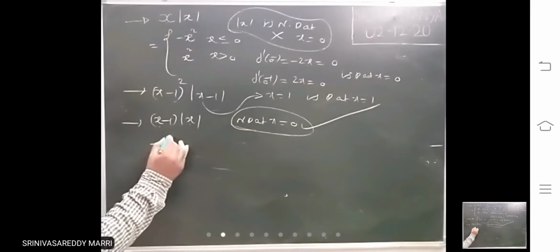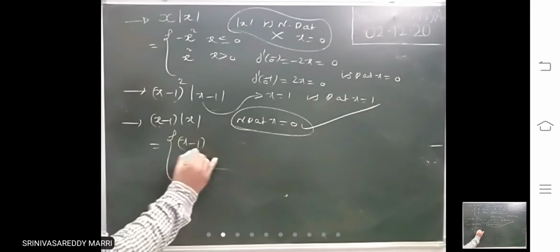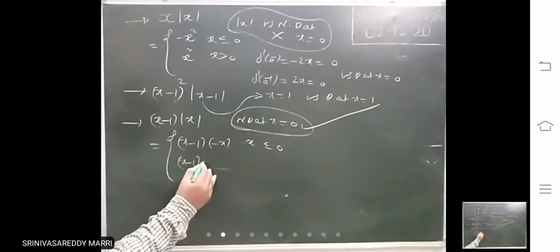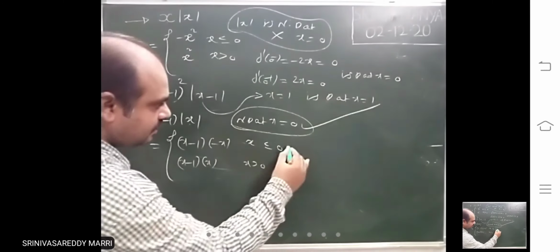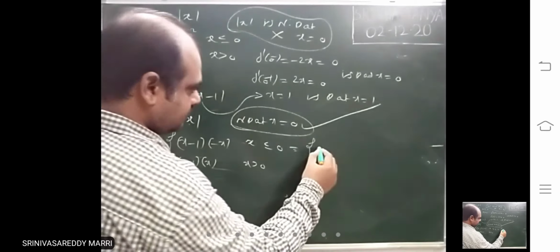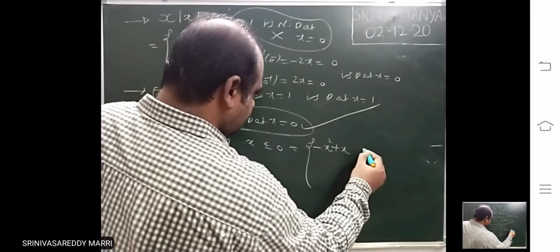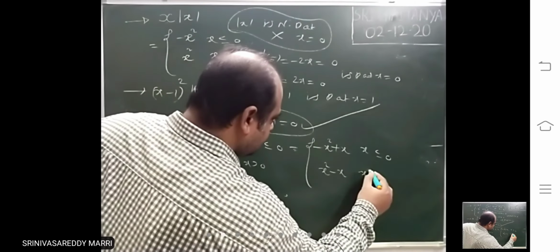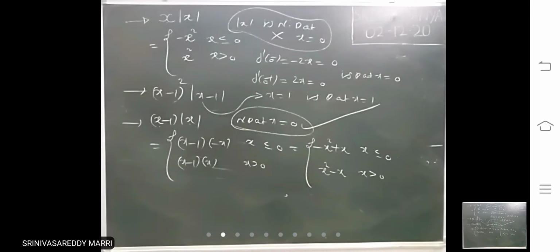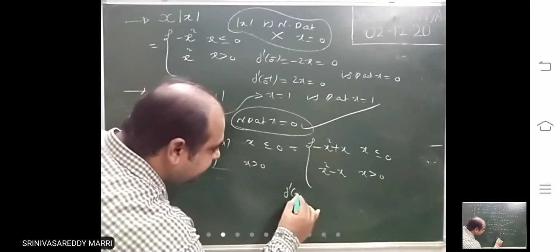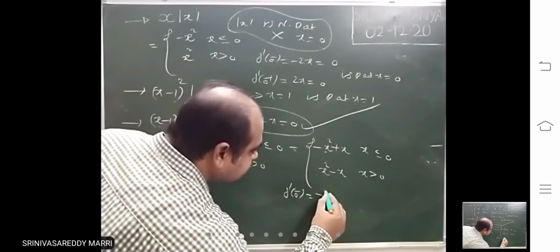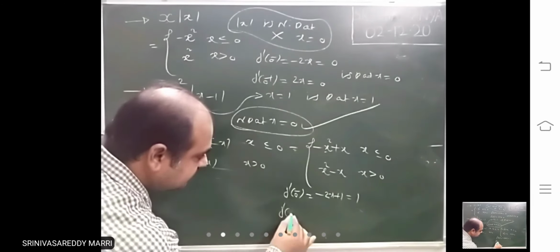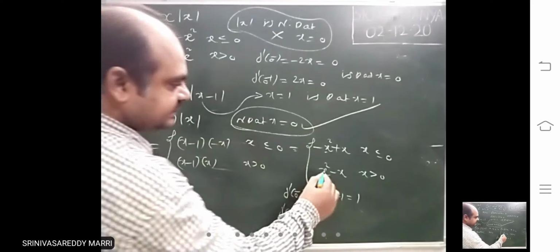Because if you write the definition like this, now I am calculating f dash 0 minus. What is this? 0, if you substitute, 1, right? F dash 0 plus, this is what? 2x.